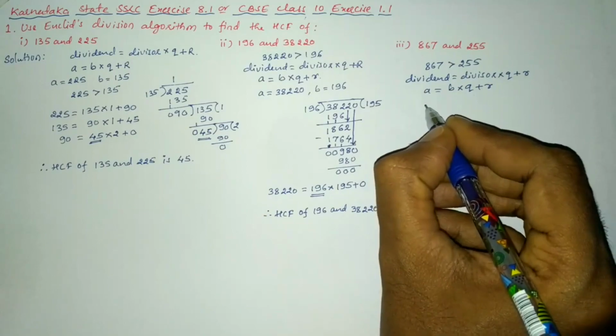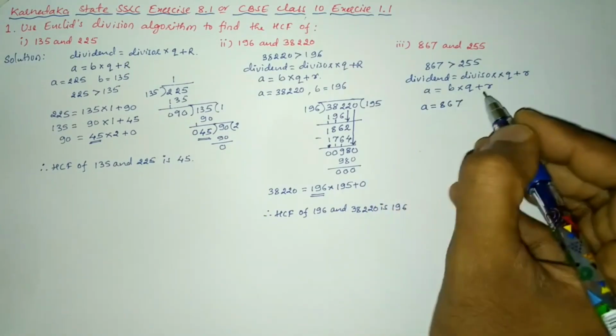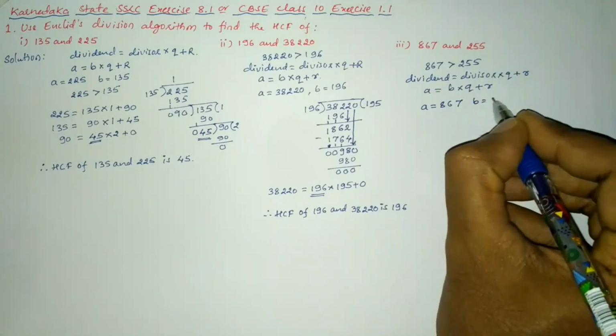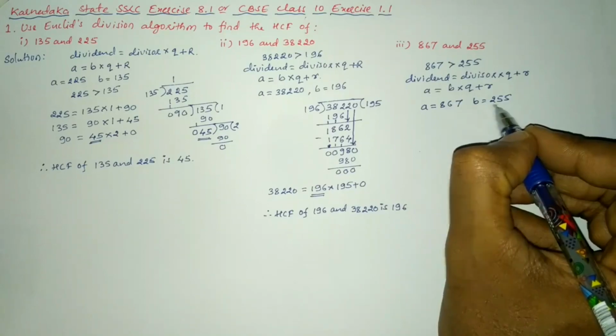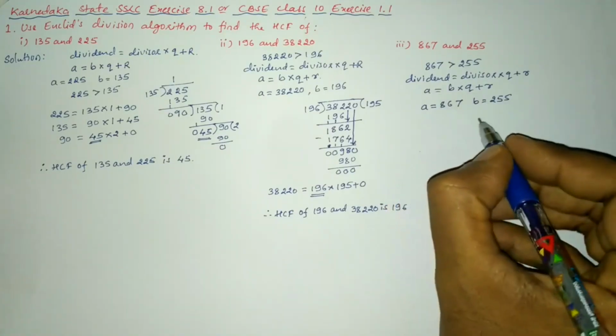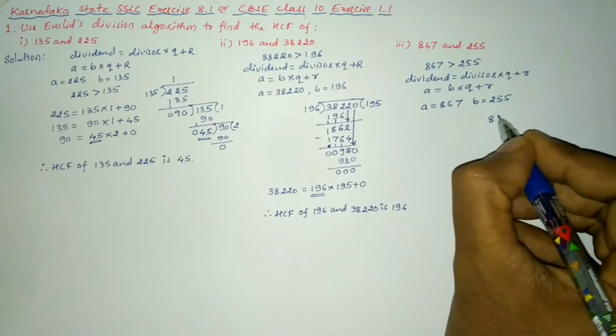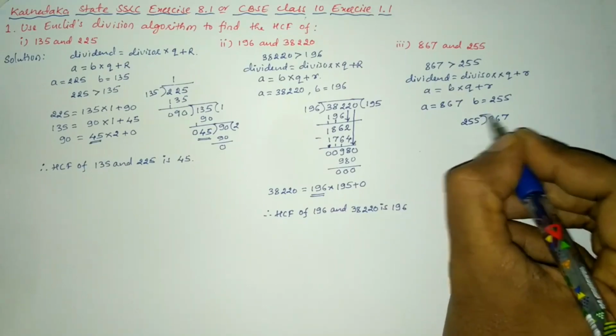Now let us take here A is equal to 867 and B is equal to 255. So here divisor is 255 and dividend is 867. Now let us divide 867 by 255.